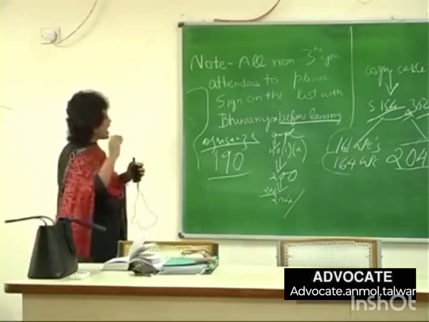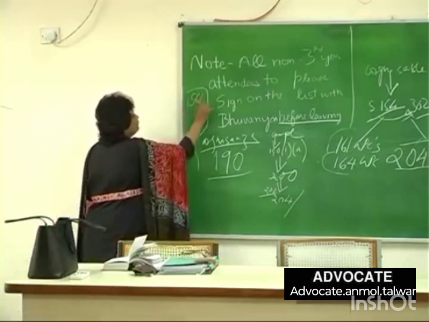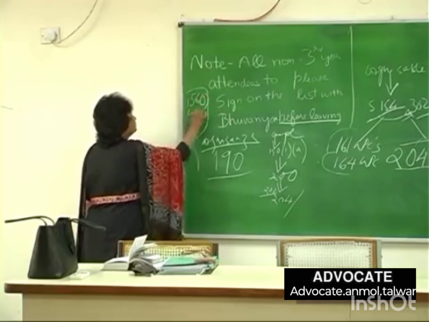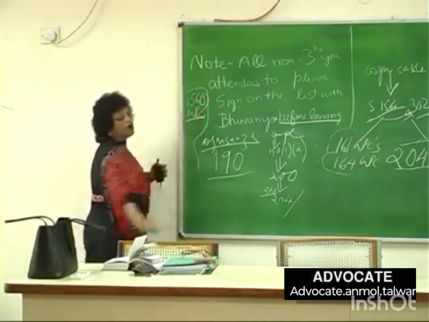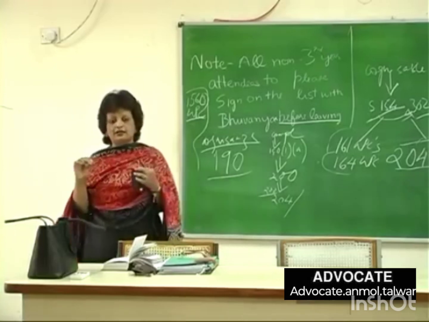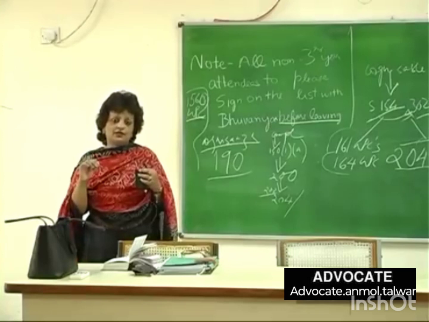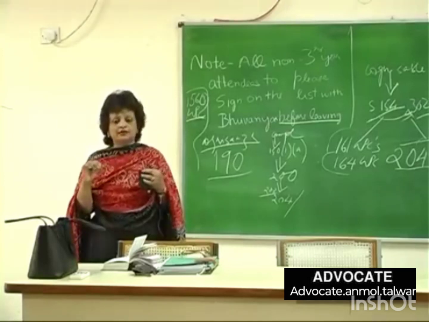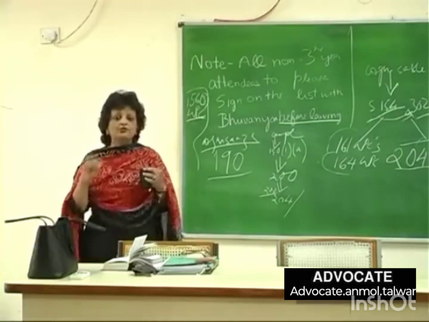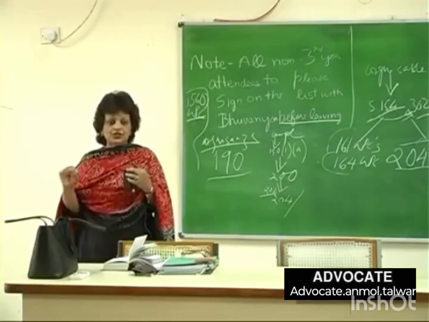The magistrate has the power, and that is very, very important, under section 156(3) of the CrPC, to order a police investigation on a complaint received by the magistrate from the complainant.